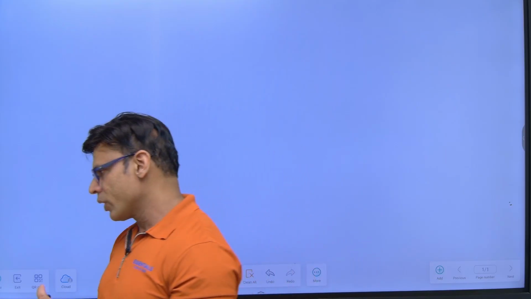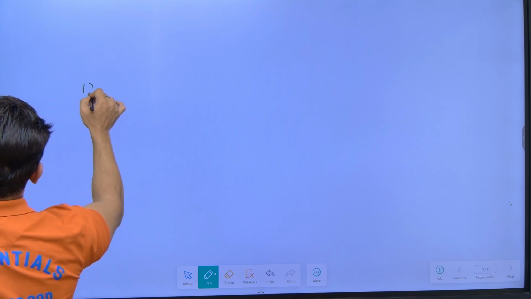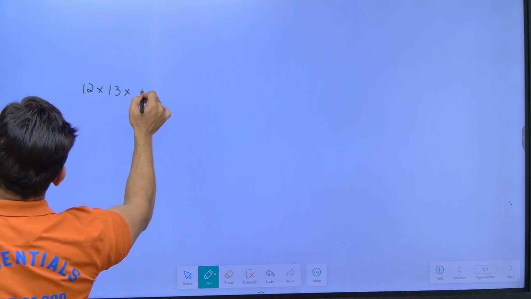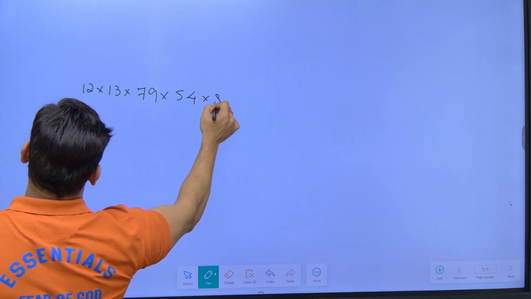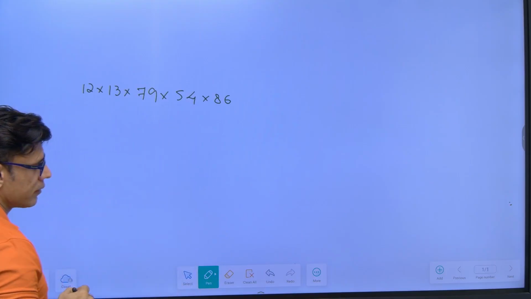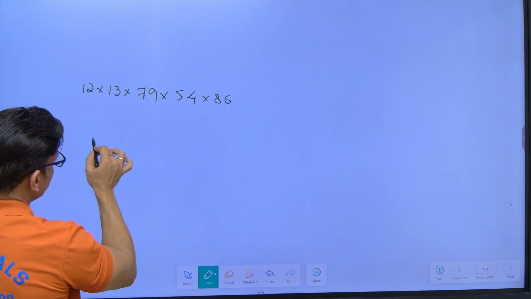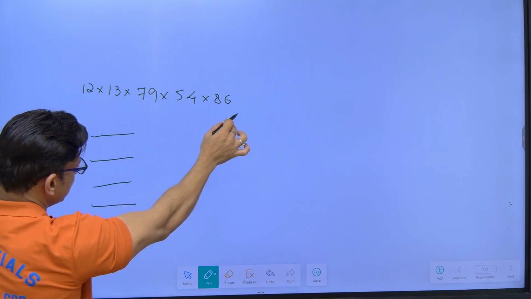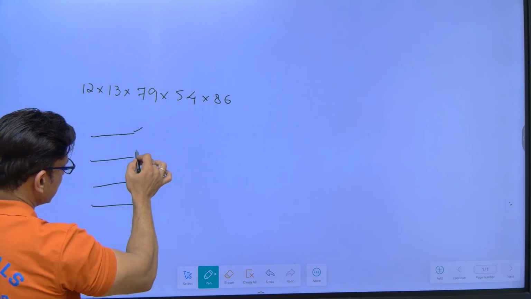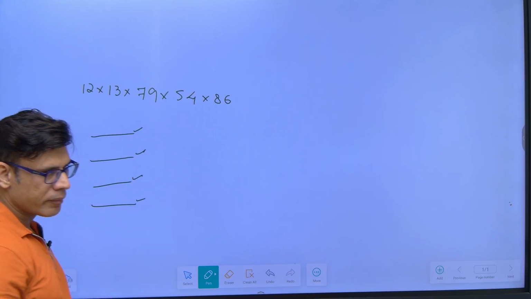For example, if you have a number, let's say 12 into 13 into 79 into 54 into 86, and there are 4 options given to you. Look at their last digits.